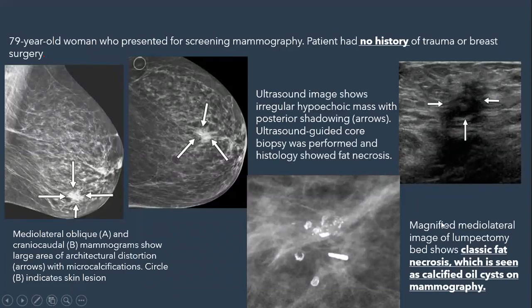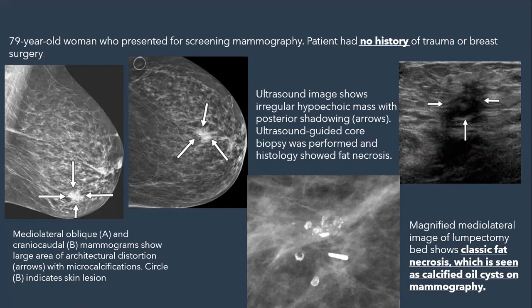And here the ultrasound revealed a hypoechoic shadowing heterogeneous mass, and this is a magnification view at the site of lumpectomy showing classic fat necrosis, which is then classified as oil cysts, okay, on mammography. These are all oil cysts with a thin rim of calcifications, but they had done an ultrasound guided biopsy and confirmed the pathology of fat necrosis.